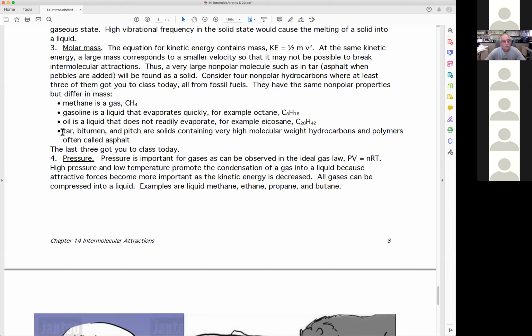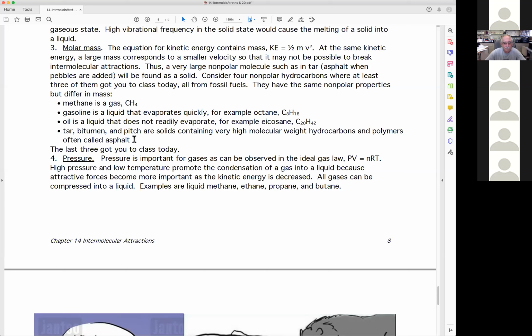And then tar and bitumen and pitch are names for solids with very high molecular weight hydrocarbons and polymers, and it's often called asphalt. So if I take tar or bitumen or pitch and I heat it up, I melt it, I mix little rocks in it, put it over the ground and let it cool down, then it's called asphalt.